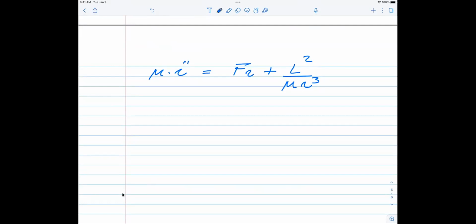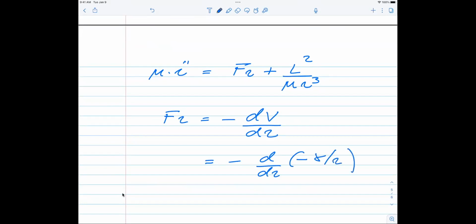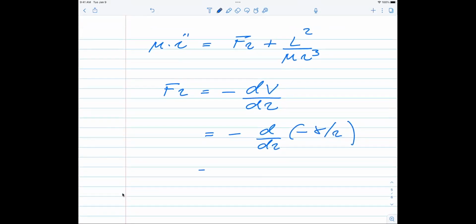So remember now that f of r is the same as the negative derivative of the potential with respect to r. And in our case, this is the same as minus d of r, and then I have minus gamma divided by r. So if I do that, what I'm going to get now is minus gamma divided by r squared.